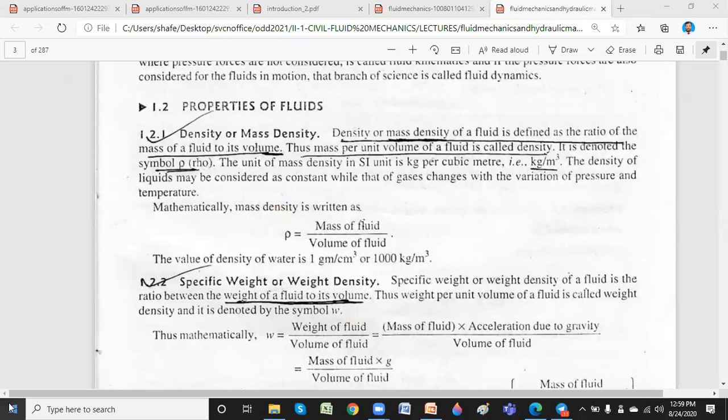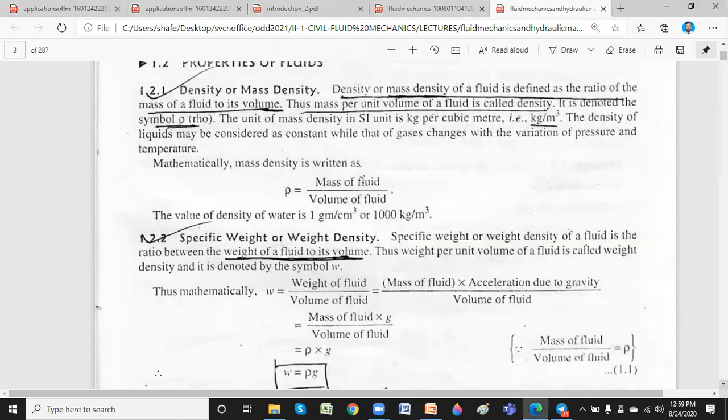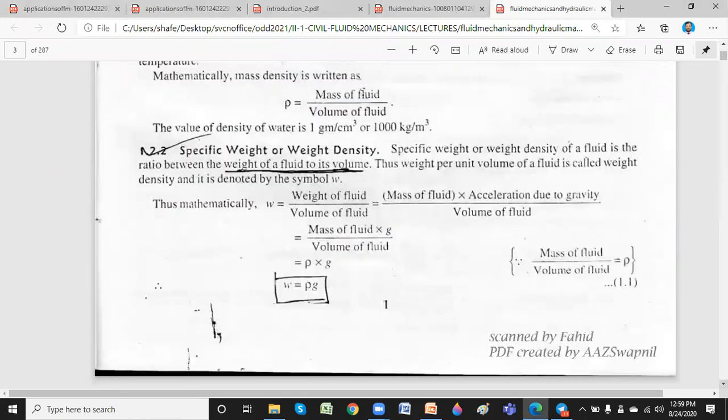So for a given volume, how much is the mass of the fluid, or for a given mass, how much volume will it occupy? That's nothing but your density. Now, the second property is specific weight, or weight density. What is the difference between weight and specific weight, or weight density?